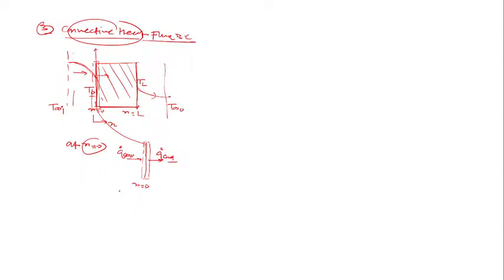So what convection is there? Heat transfer coefficient, let's say here Hi and here H naught. The fluid on the left face has heat transfer coefficient Hi and the right face has H naught. So Hi into T infinity i minus T naught is equal to minus K into dT upon dx at x equal to 0. Yes or no?